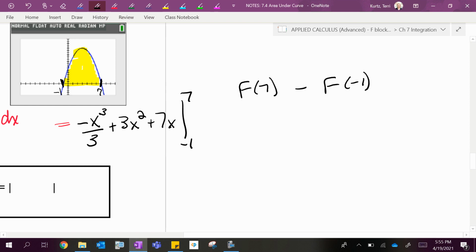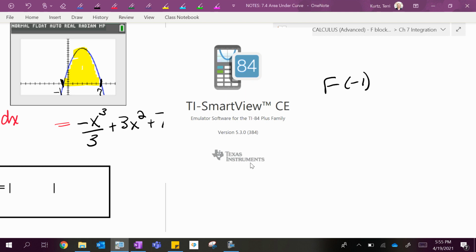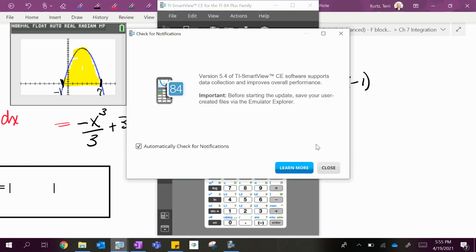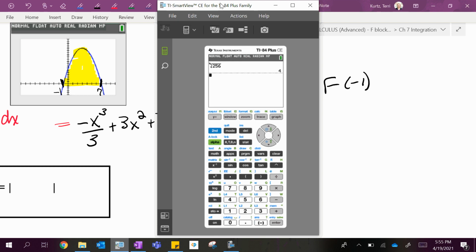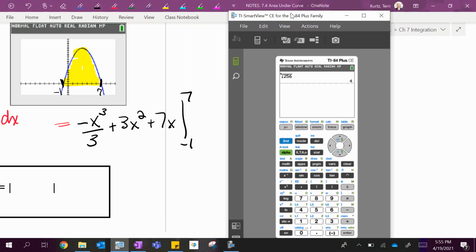Okay, so again, let's plug this in on our calculators. Again, like I said last time, the biggest mistake people make with this oftentimes is the plugging in. So I'm plugging in 7.